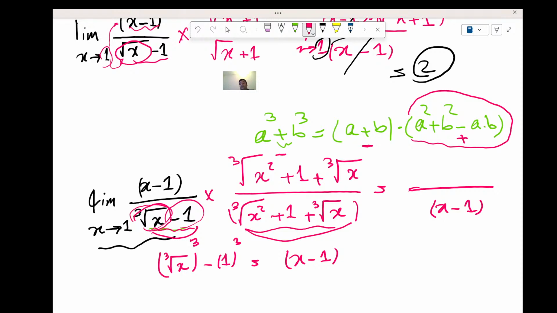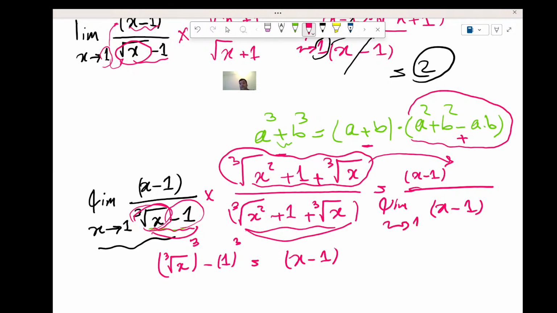But what we have in the top is x minus 1, but something is extra in here. I prefer to put the limit when x goes to 1. If you put 1 in here, it is 1, 1, 1, and the answer is 3, and they can cancel each other. Final answer is 3.